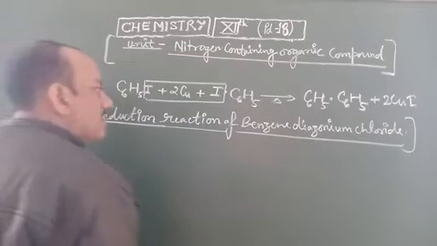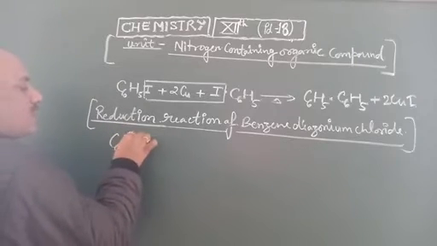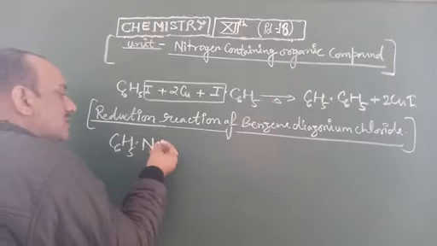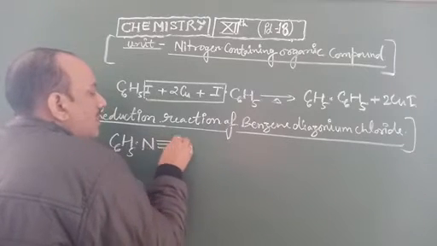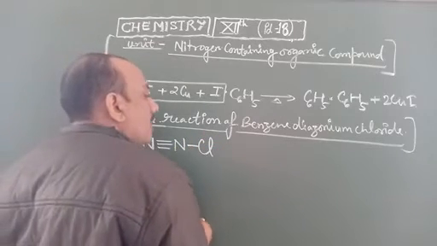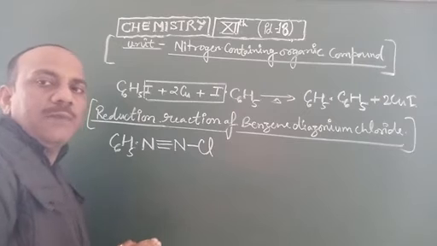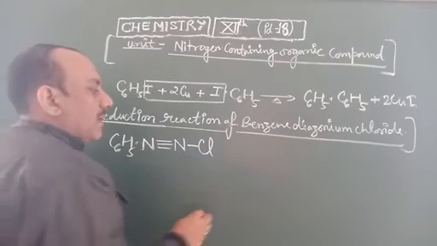Its molecular form is given as C6H5N2Cl. Also we show the bond formula with the triple bond N and Cl. It is reduced by SnCl2 and HCl.